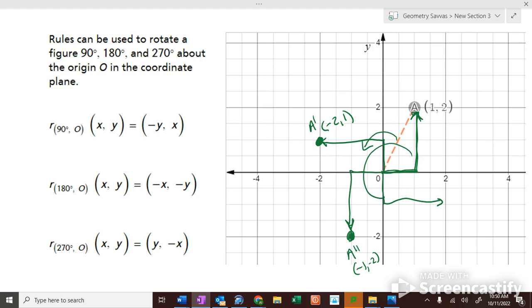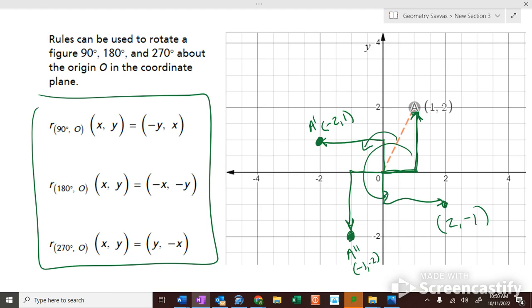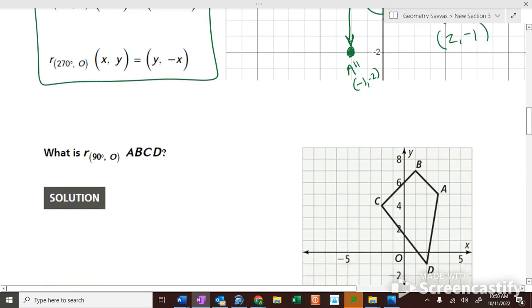So it's turned this far around, and it's going to be at 2, -1. So you switch around the numbers and make the original x negative. If you follow this little chart, it makes it easy for 90, 180, and 270. Okay, you know the chart.